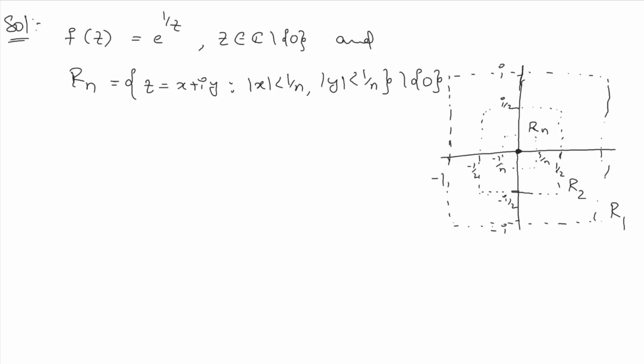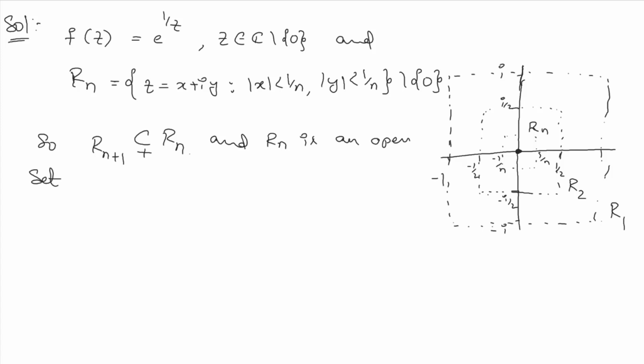From this we can see that Rn plus 1 is properly contained in Rn, and Rn is an open set, which can be seen easily from the set given.